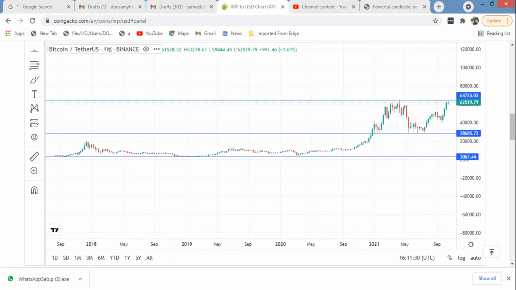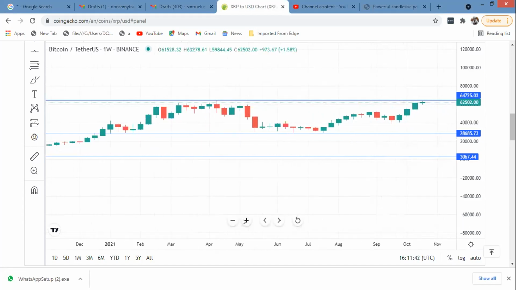So whenever you see these things, each of these candlesticks represents a price action, the behavior of the price within a certain period.